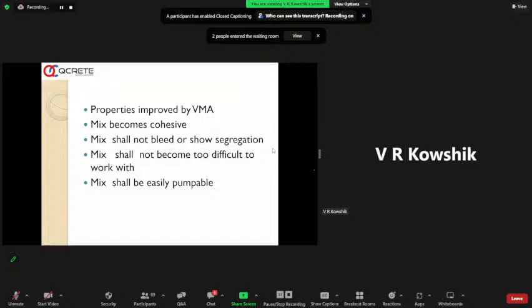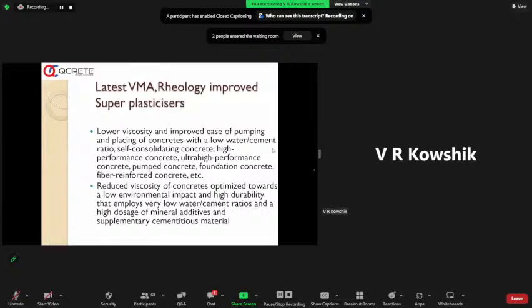So these viscosity modifying admixtures have been around earlier. Until 2010, these VMAs were supplied separately. You used PC-based hyperplasticizers with a water reduction of about 40% separately as component A, and component B you used as a viscosity modifying agent.